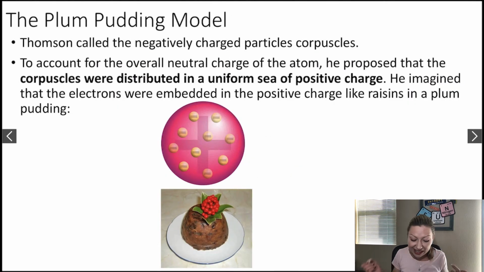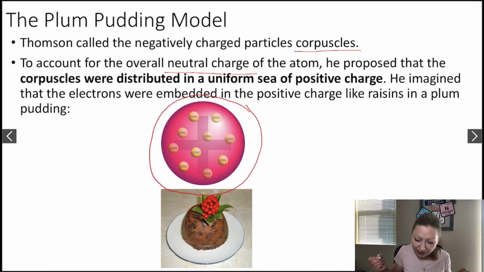Now, what's interesting is that Thomson actually called these particles corpuscles. And he knew already that atoms have an overall neutral charge. So he proposed that these corpuscles were distributed in a uniform sea of positive charge. He imagined it kind of like the electrons being raisins in a plum pudding, just like it's shown here.